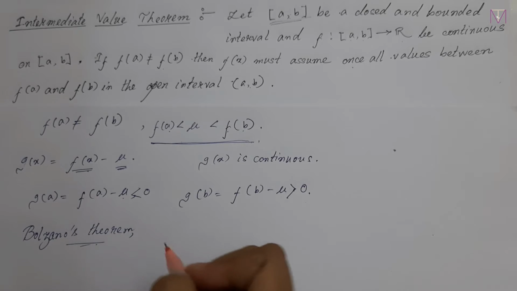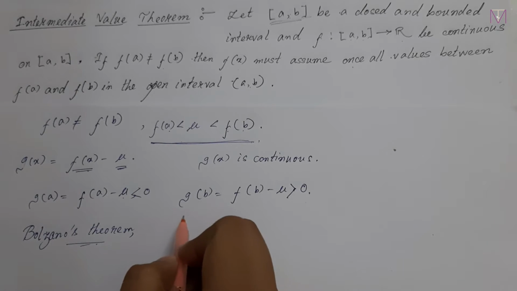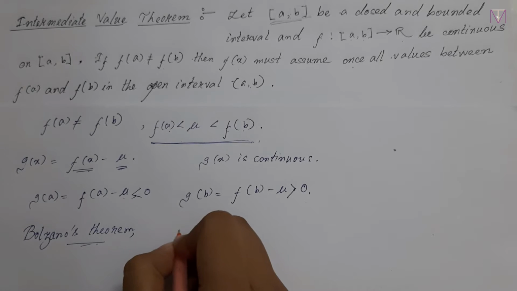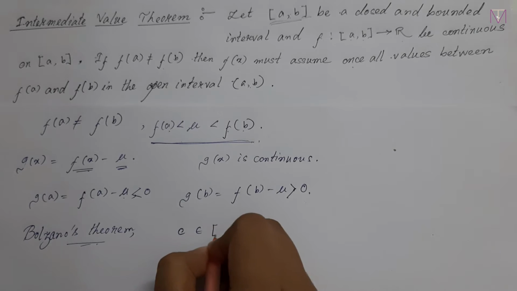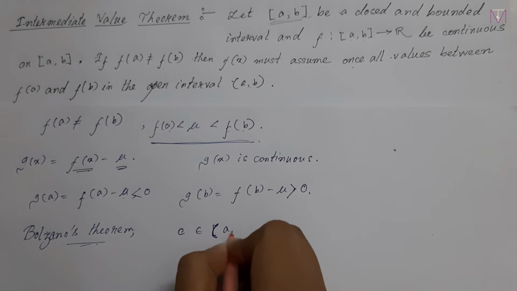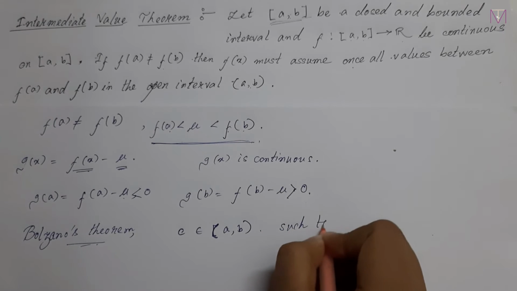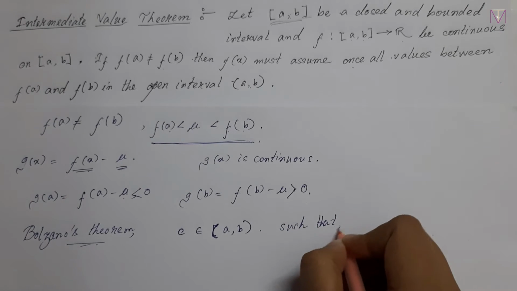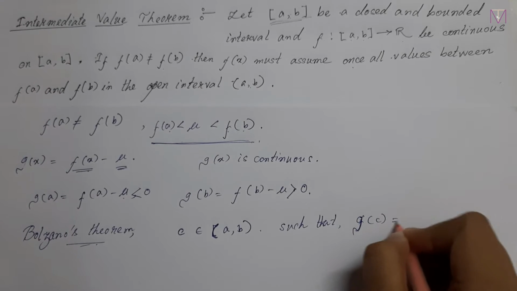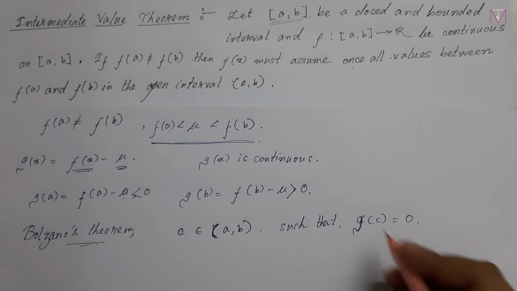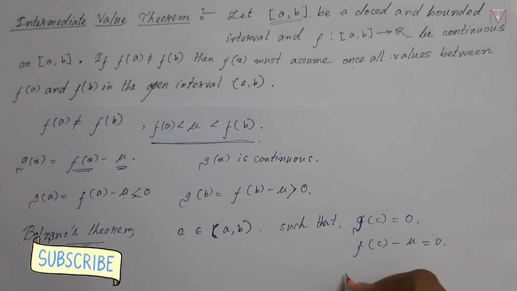By Bolzano's theorem, if g(a) and g(b) are of opposite sign, then we will get a point c in the open interval (a, b) such that g(c) is equal to 0. So g(c) gives us f(c) minus mu equal to 0.